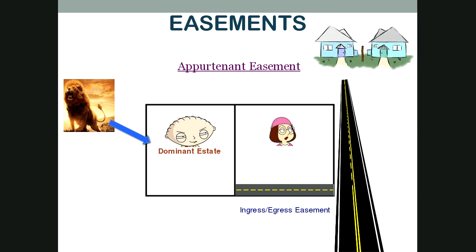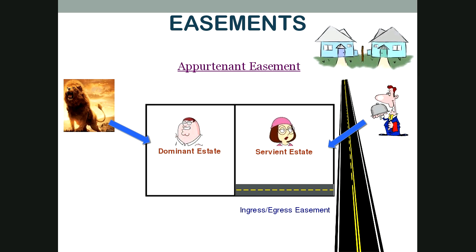So Stewie's property is going to be the dominant estate because it gets the benefit of the easement. And Meg's property is going to be the servient estate because that's where the easement is located, and her property serves the other. So you might ask yourself, well, isn't it Stewie that's getting to use that easement?